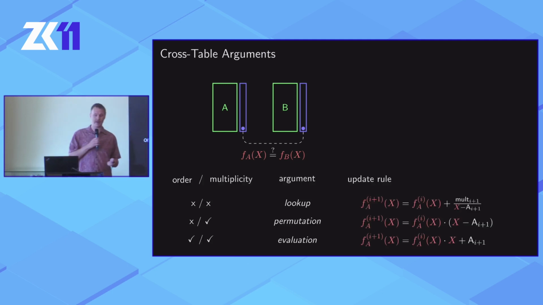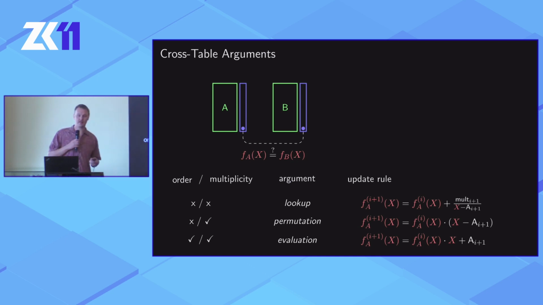And so, depending on the particular relation between the tables that you want to establish, you get a different type of polynomial. So if you want to just look up some elements in a table, then you have a lookup argument, which gives one type of polynomial. If you want to establish that two tables are permutations of each other, then you want a permutation polynomial.